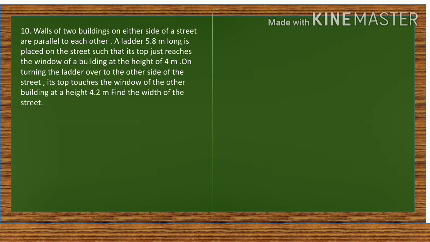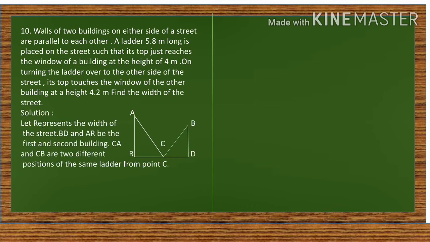So first draw the diagram according to the question. There are two buildings, so let's represent the width of the street. RD is the width of the street. BD and AR are the two buildings.